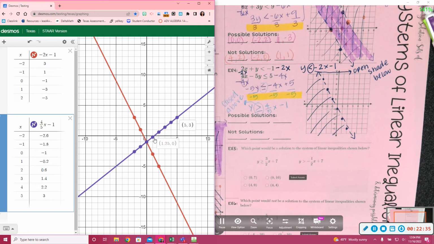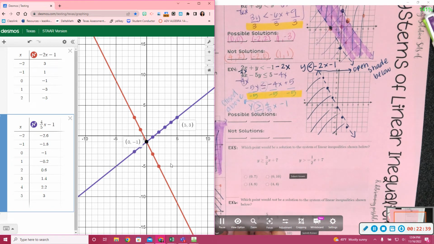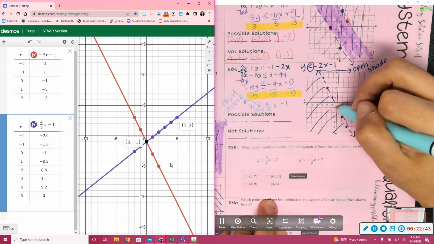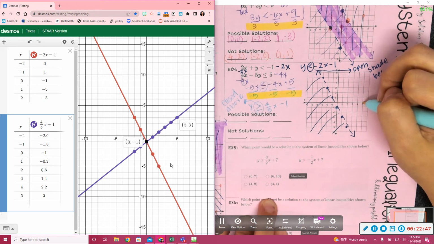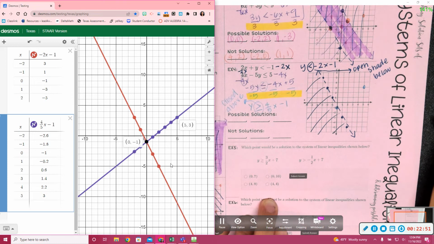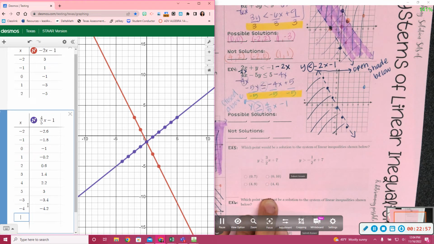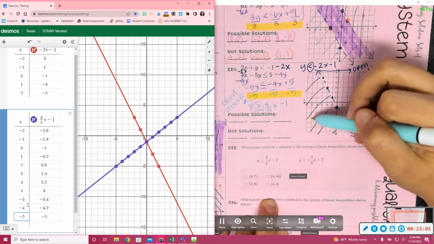So 5, 3, and 0, negative 1. And see in the other direction, negative 5, negative 5.